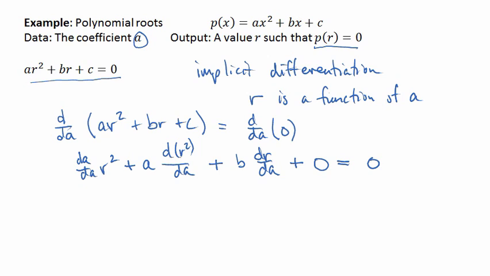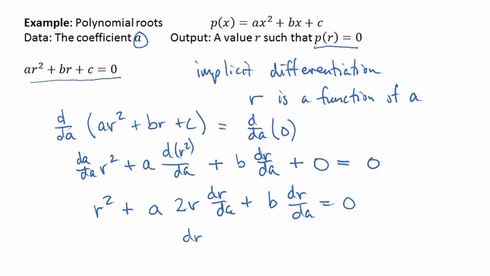Okay, da/da is just 1, so I have r squared plus a. Now r is a function of a, so we have to use the chain rule. So I get 2r dr/da plus b times dr/da equals 0.